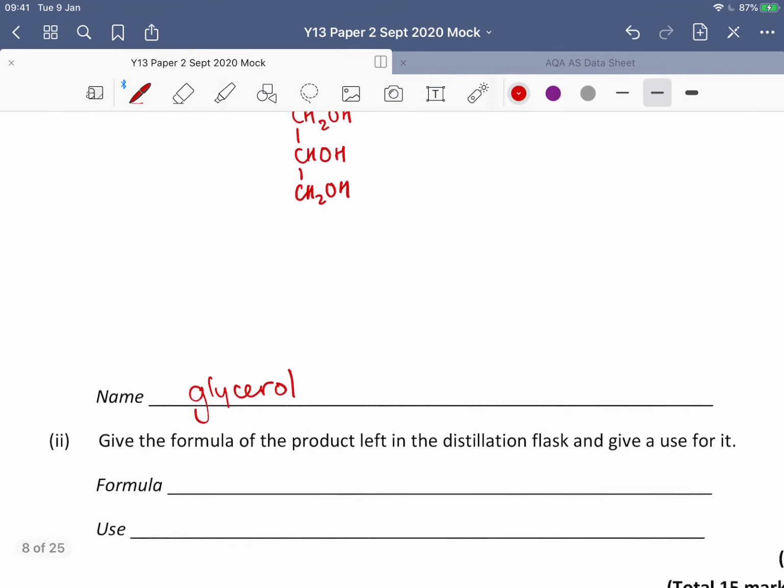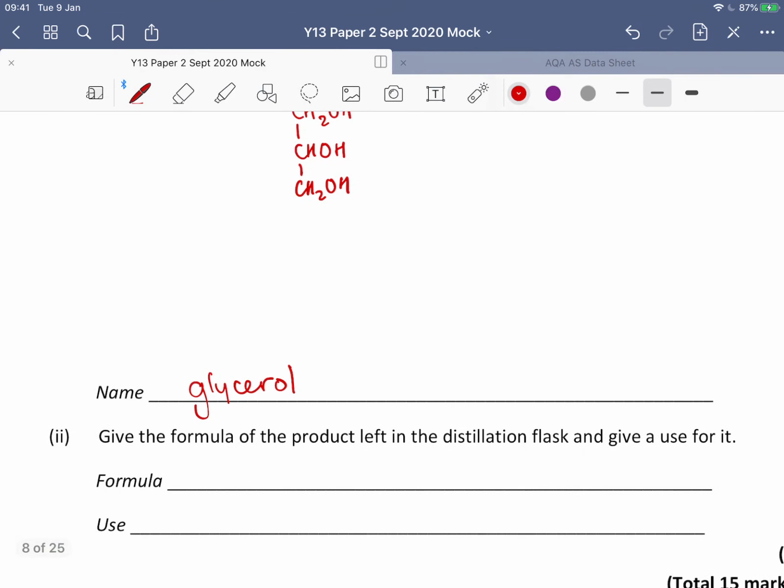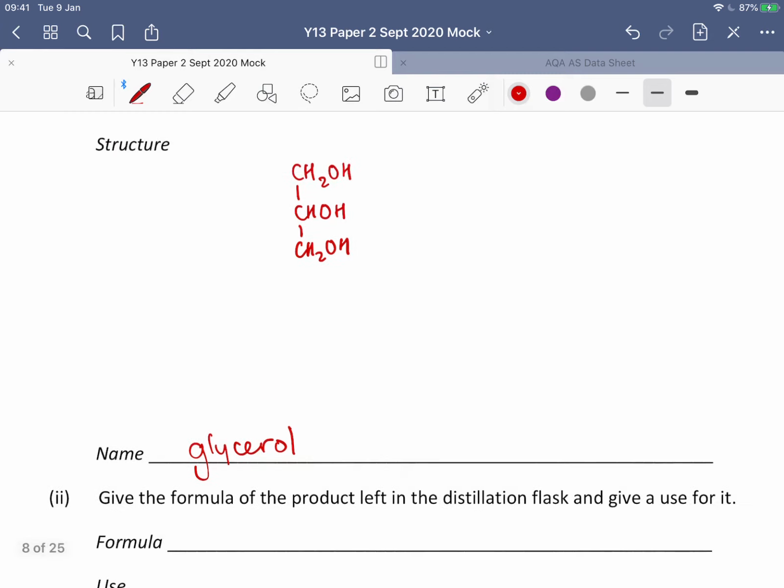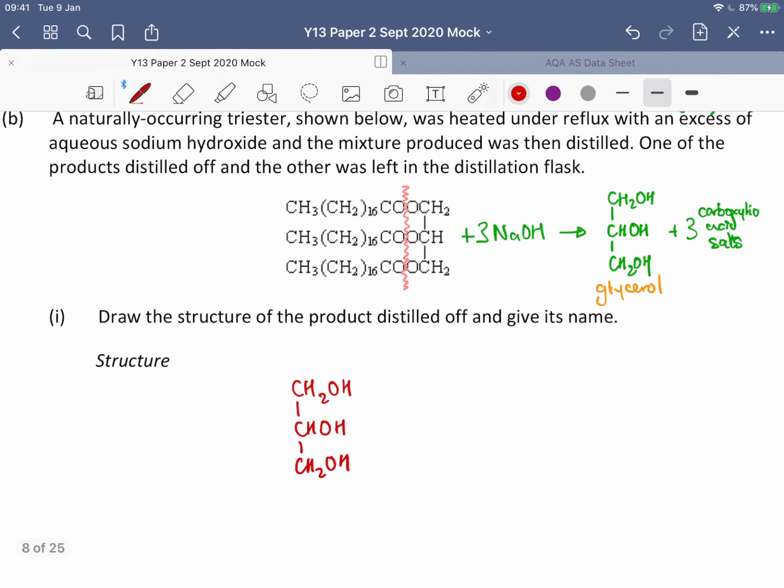And then it says give the formula of the product left behind in the distillation flask and give a use for it. So just go back up. The key thing here, it's going to be this, and then we're going to have the carboxylic salt end, so COONa. But you've got to look at the formula there.